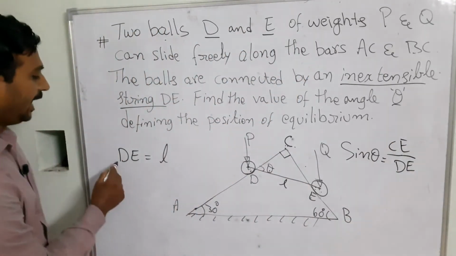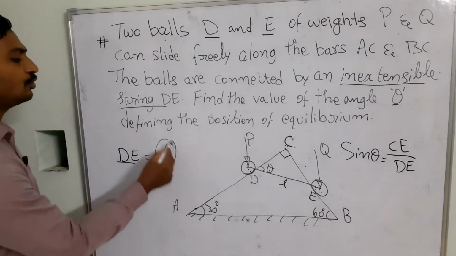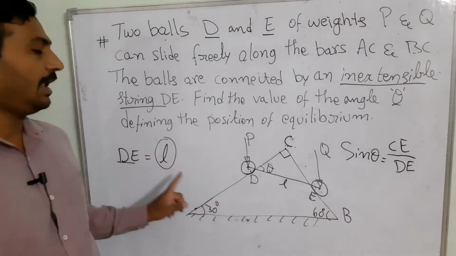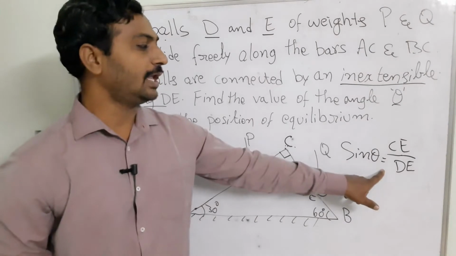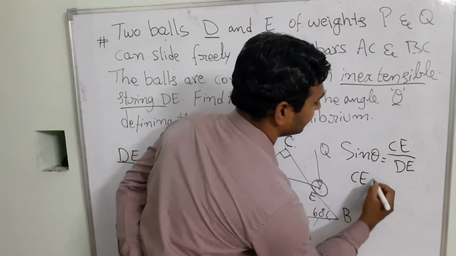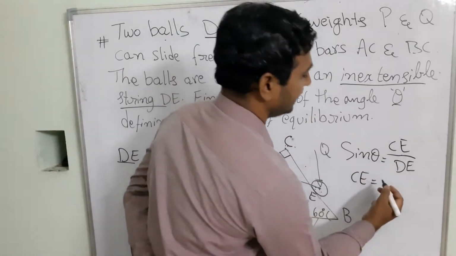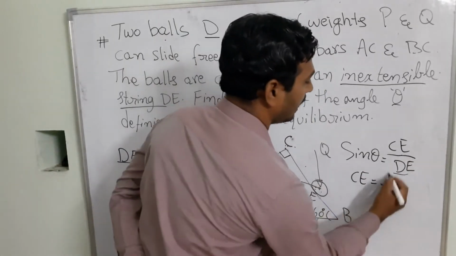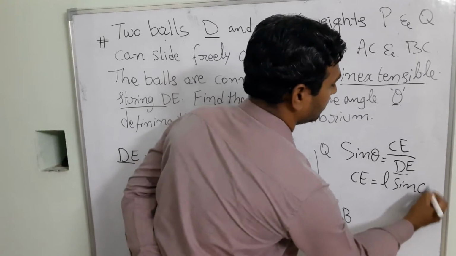As we know, I have assumed the length of the string to be L. Substituting in this equation, CE is equal to L sine theta.